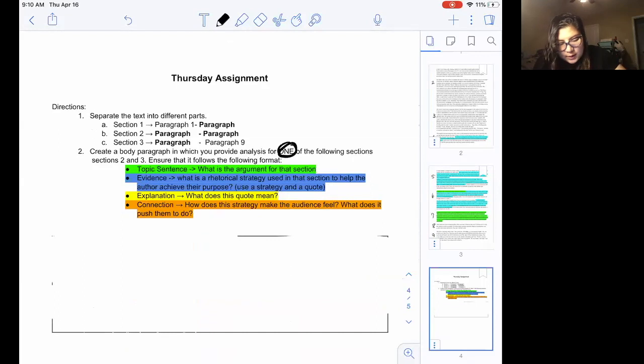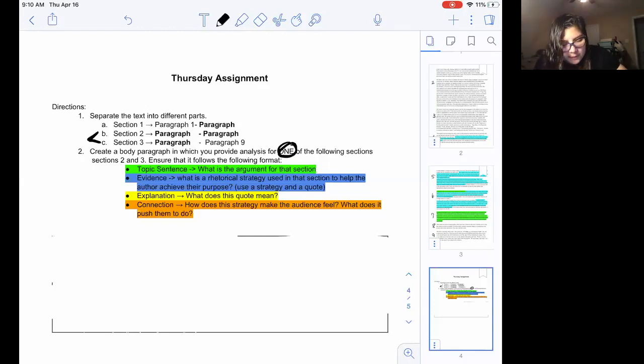Notice I say one of the sections. It has to be either section 2 or 3. These instructions look a little wonky, but I fixed it on your version. So you're either going to do section 2 or 3, and you're going to write a body paragraph.